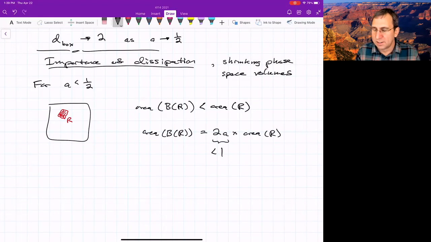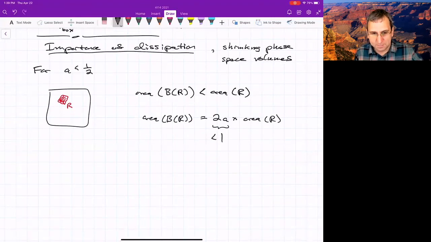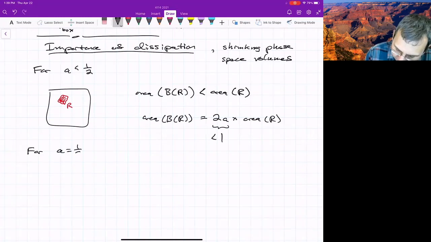And we don't get an attractor if a equals 1/2. So if a is less than 1/2, we've got everything shrinking down to a region that has no area, the attractor.